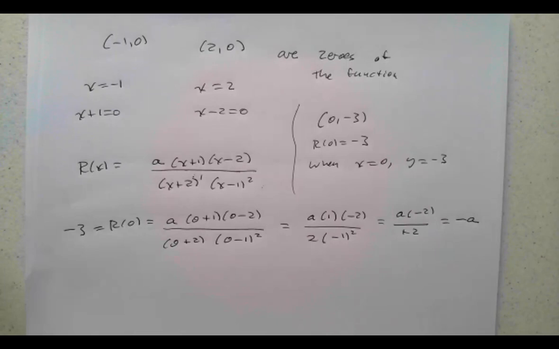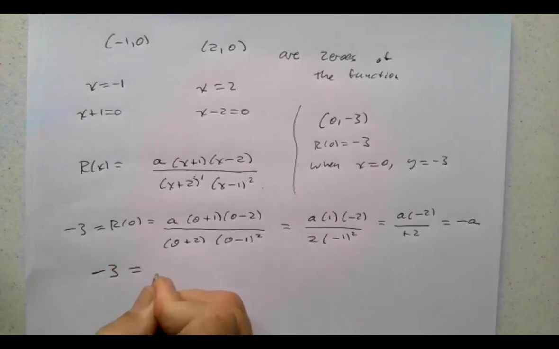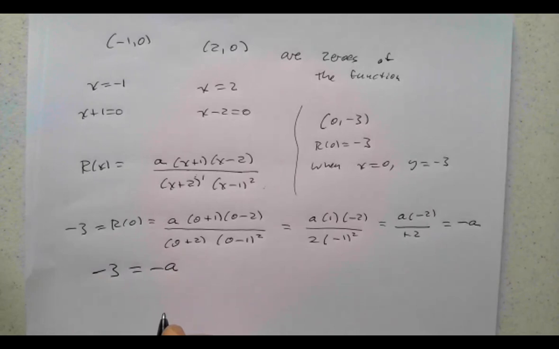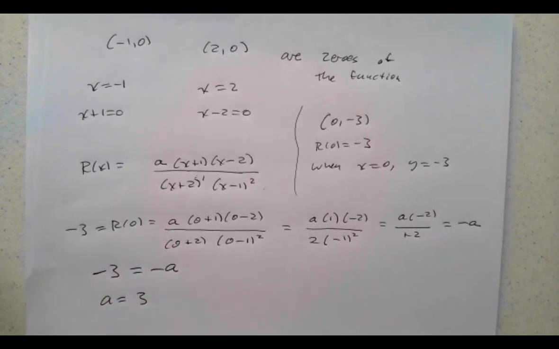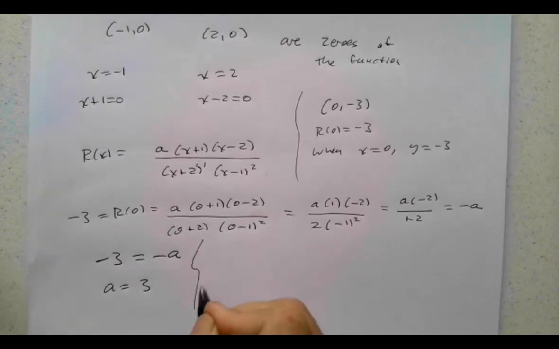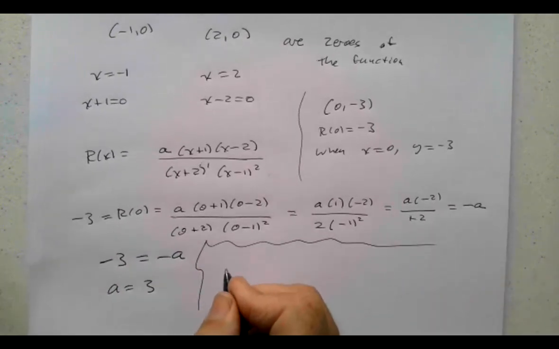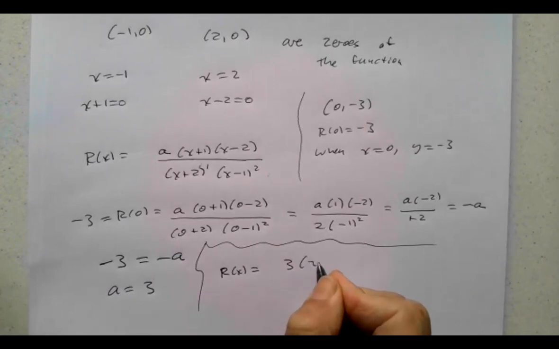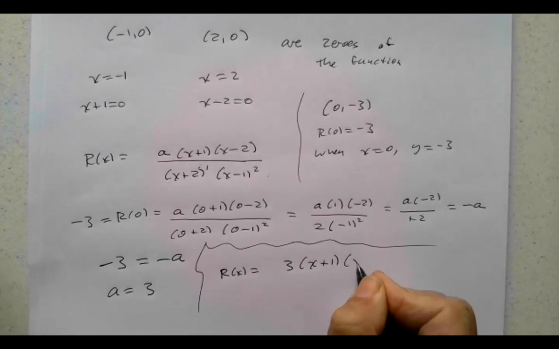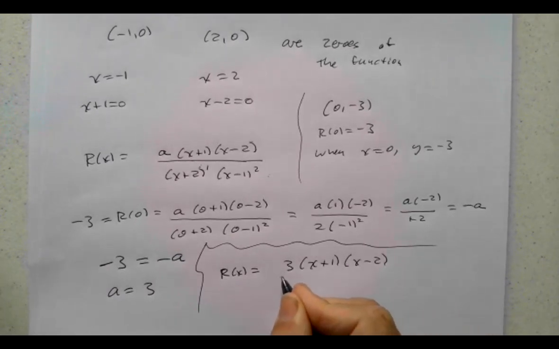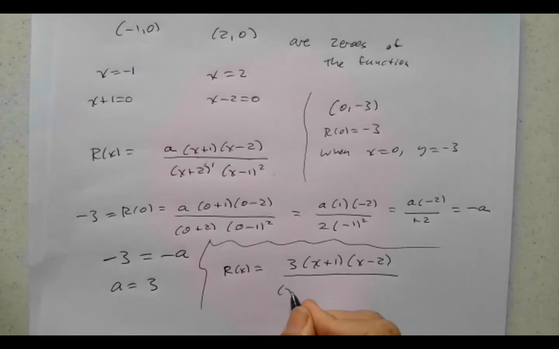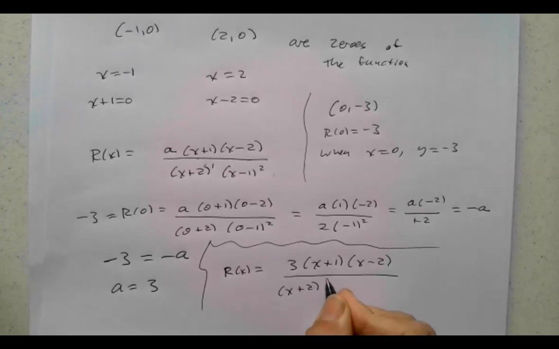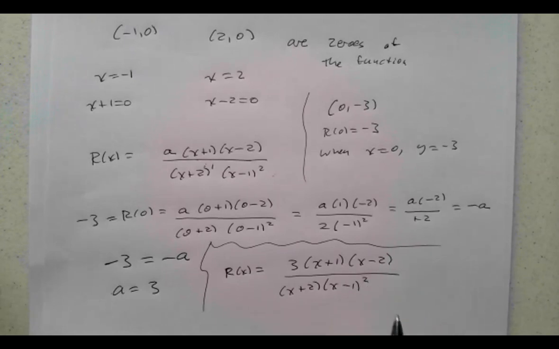So what I have right now is negative 3 equals negative a. Dividing both sides by negative 1 gives me a equals 3. So plugging that in now, I have a finished version of r of x. A is 3, so we have 3 times x plus 1 times x minus 2 over x plus 2 times x minus 1 squared.